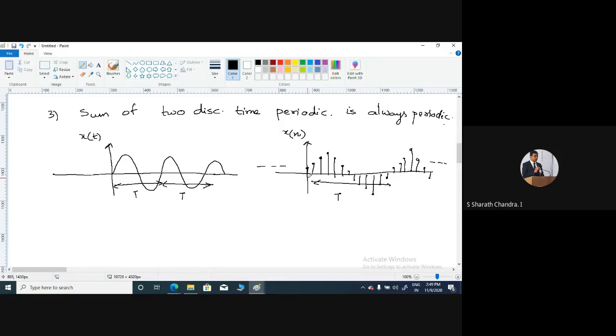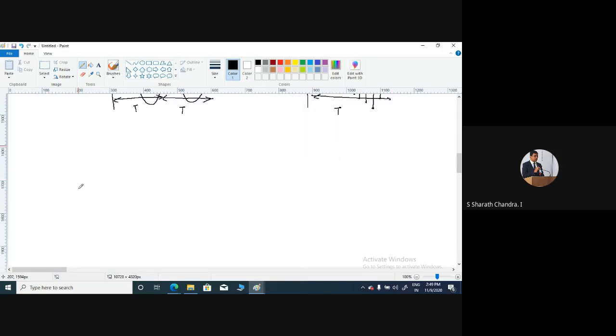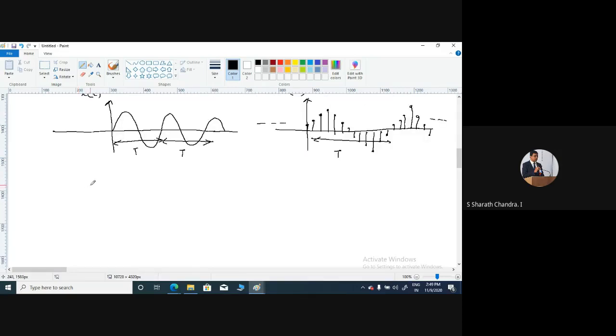Okay, I would like to show you some interesting results with respect to these periodic signals by considering them as some problems. Let us first find out whether a complex exponential signal, x of t is equal to e power j omega naught t, is periodic with a period of 2 pi by omega naught or not.